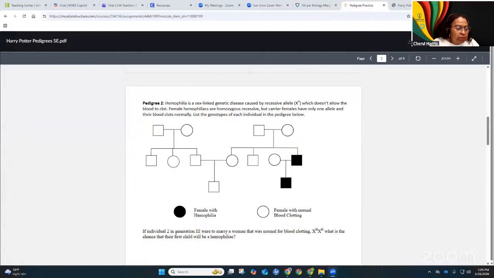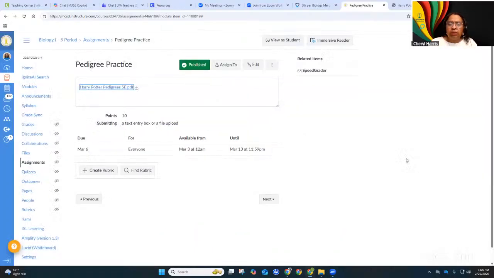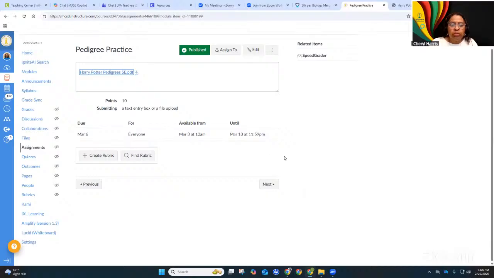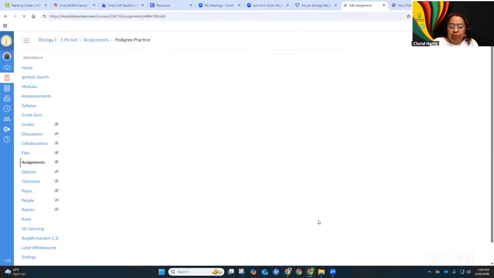What is locked? How is it locked? Your worksheet is locked? Oh, how is the worksheet locked? Okay, hold on. Sorry about that. Let's see, it's published. It's available today. Oh, that's why it's locked, because it says March.